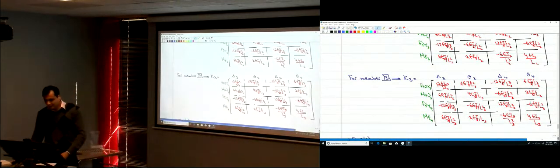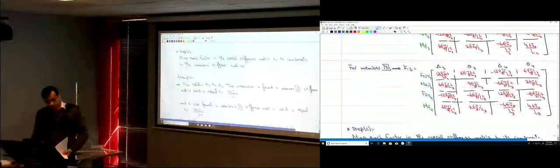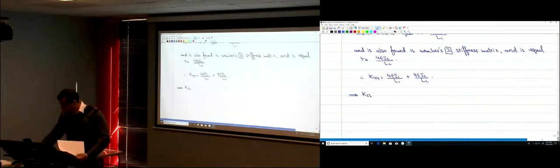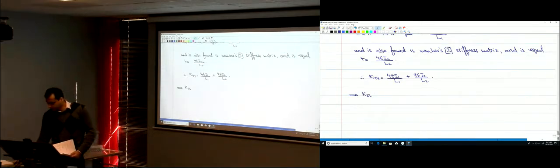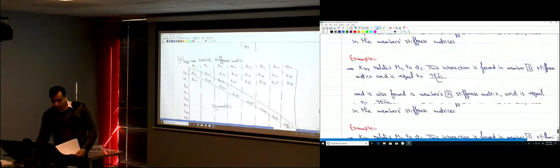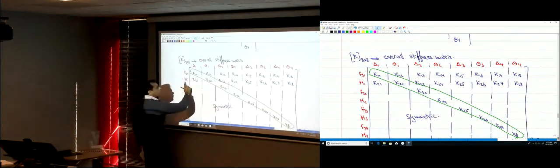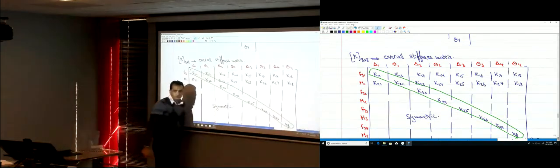Let's see another example here. Let's say K23. Where's K23? K23 is this element. It relates M1 to delta 2.